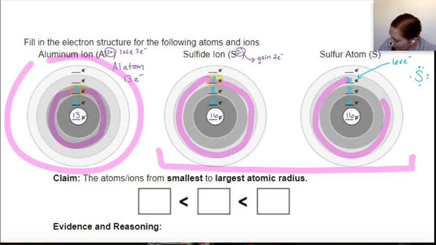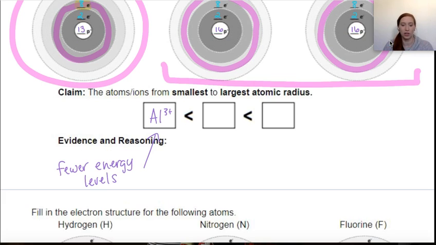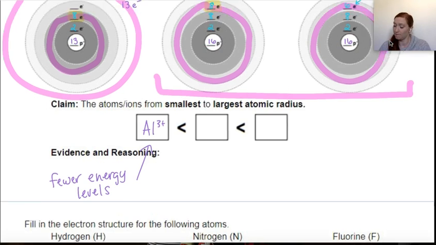Just by the placement of the electrons, we can see that the aluminum ion is going to be the smallest because it has fewer energy levels. Energy levels, electron shells, we can use those interchangeably.